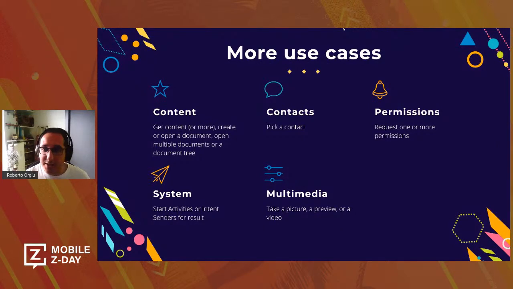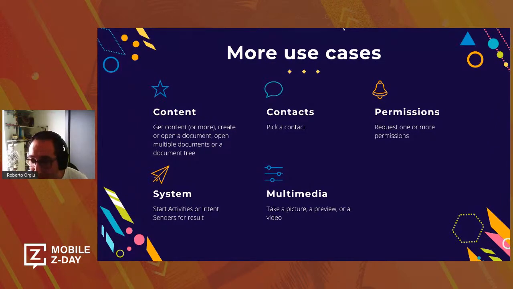Now, if you're as curious as I am, probably the intent senders thing somehow caught your attention. And this is actually something that I wasn't aware of until very few days ago. So what is an intent sender?